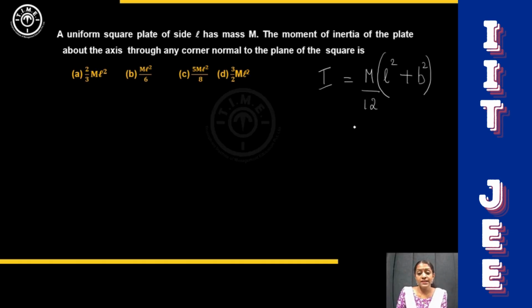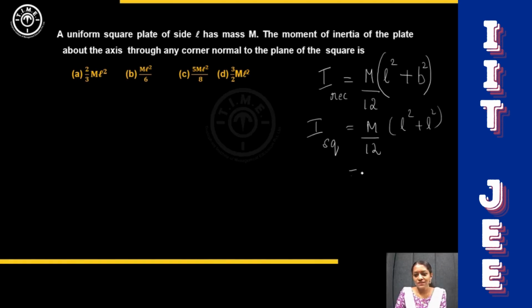Now, if you are considering a square lamina instead of a rectangular lamina, then we have to make a small change in this equation. We know for a square, length is equal to breadth, right? So, if it is a square lamina, we can write this equation as L square plus L square. That is for a square lamina and the other one is for a rectangular lamina.